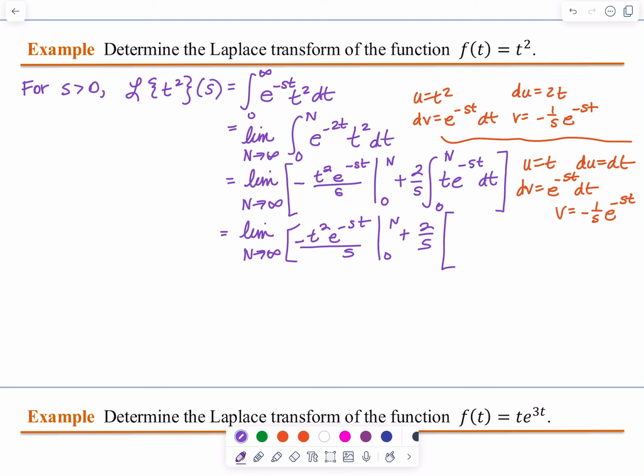So going ahead and filling that in, we would have negative t e to the negative st all over s. So there's our uv minus, and we stop and evaluate that from 0 to n.